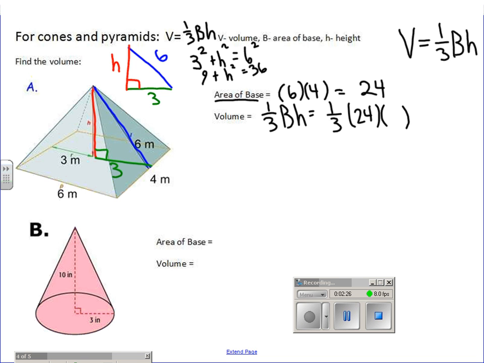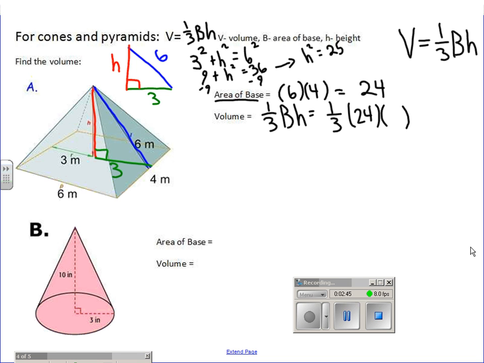This is a little different than the examples we've looked at in class, because here we actually have to subtract 9 from both sides instead of adding. We get H squared equals... because we were given the hypotenuse and we're trying to find the leg, we had to subtract.